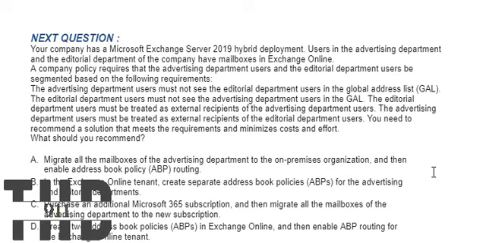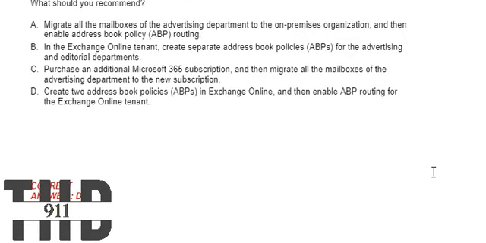Option C: purchase an additional Microsoft 365 subscription and then migrate all the mailboxes of the advertising department to the new subscription. Option D: create two address book policies in Exchange Online and then enable ABP routing for the Exchange Online tenant. The correct answer is option D.